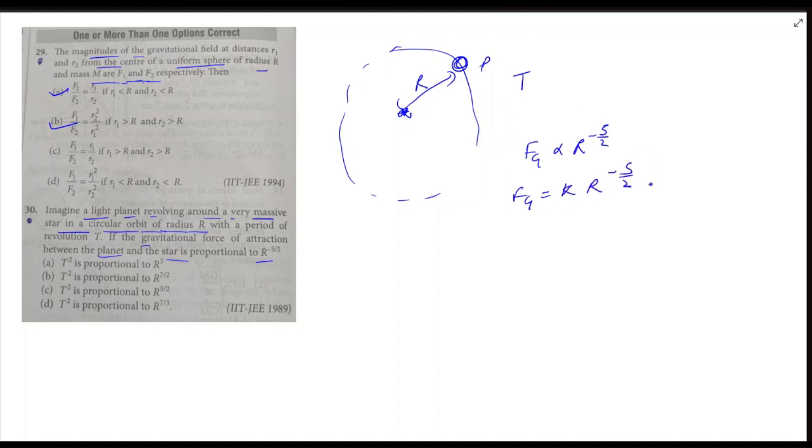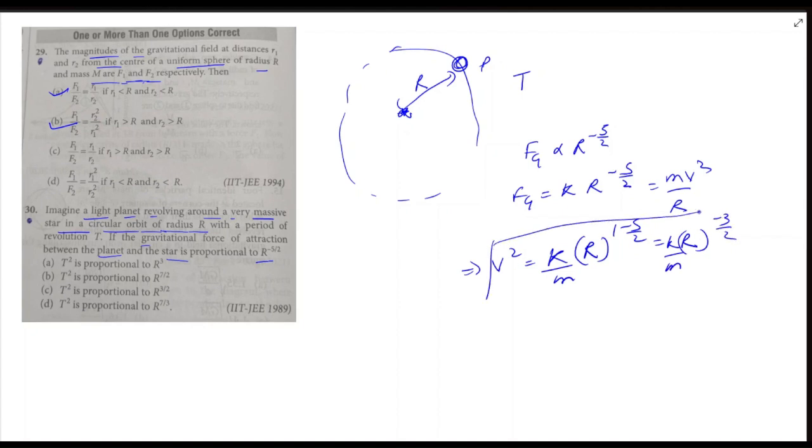And this Fg will be equal to mv square by r, right? So we have v square equal to k by m times r to the power 1 minus 5 by 2, which is r to the power minus 3 by 2.